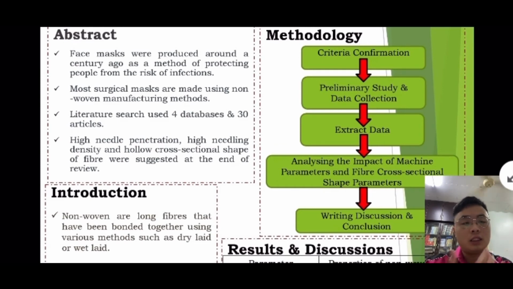The data is collected from past research related to my study by searching on websites. After collecting the data, we extract the data. We only extract the data that we want. After that, based on the findings from previous studies, we analyze the impact of the machine parameters and fiber cross-sectional shape parameters. And lastly, we write the discussion and make a conclusion in the PSM report.